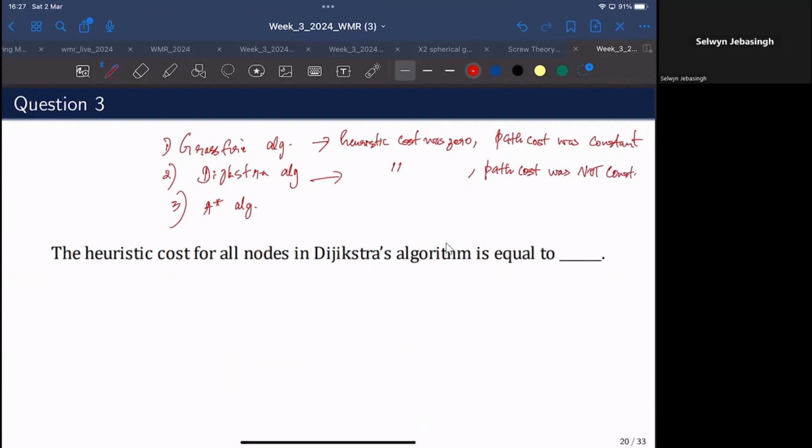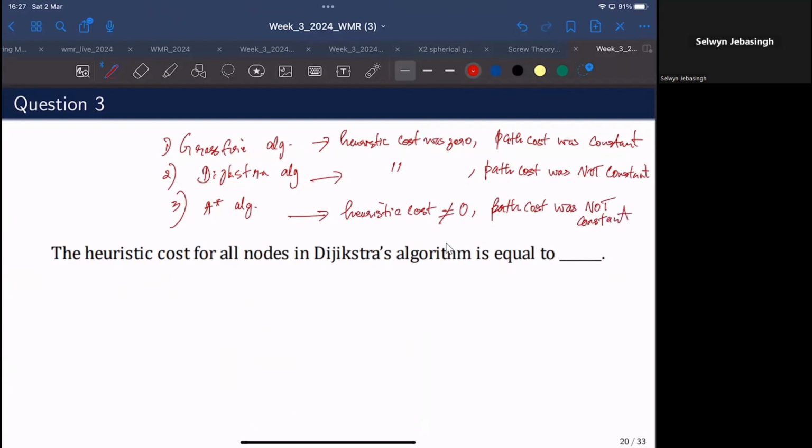And in the case of the A-star algorithm, the heuristic cost was not equal to 0, and the path cost was also not constant.